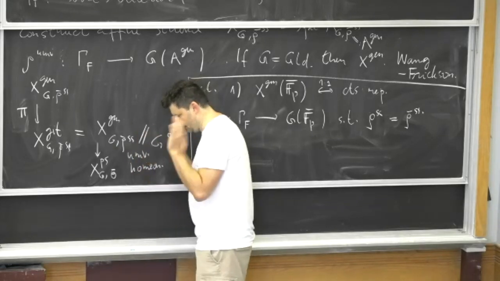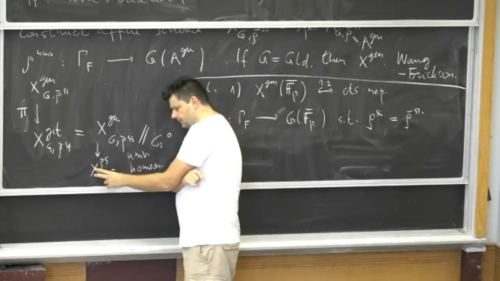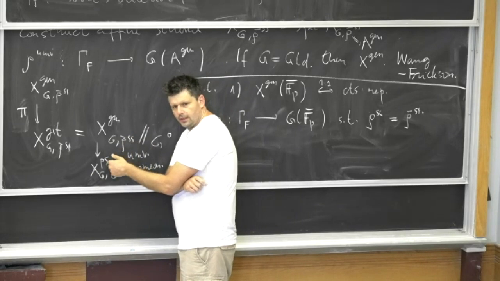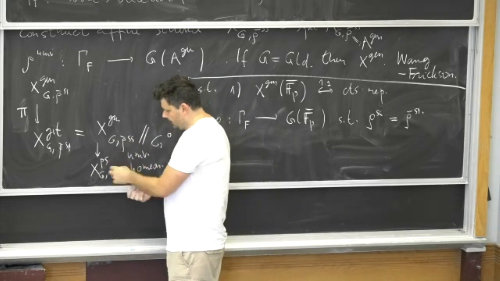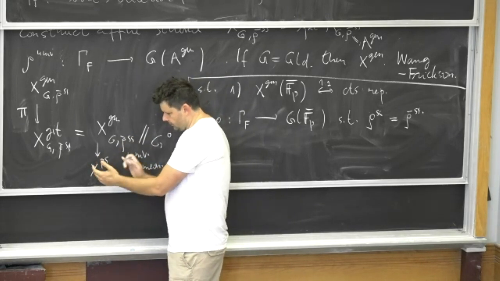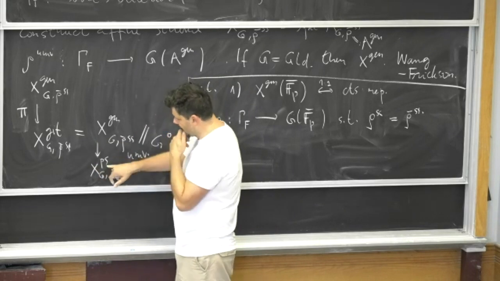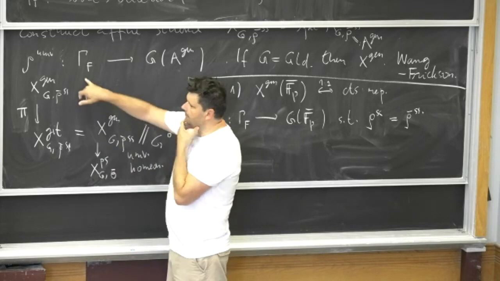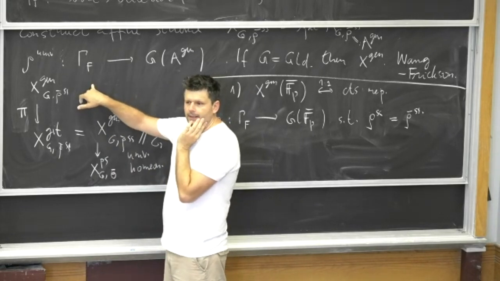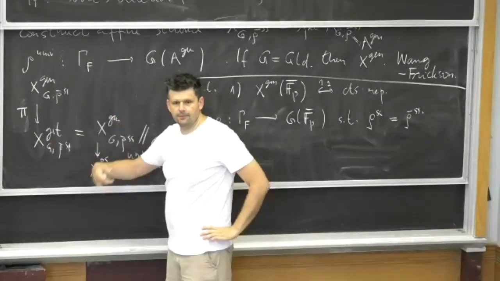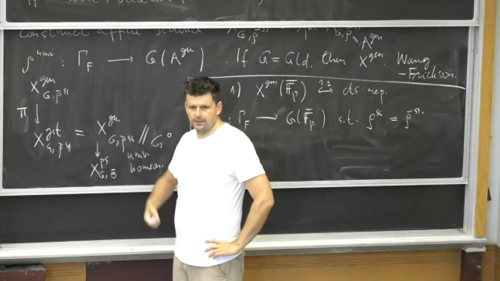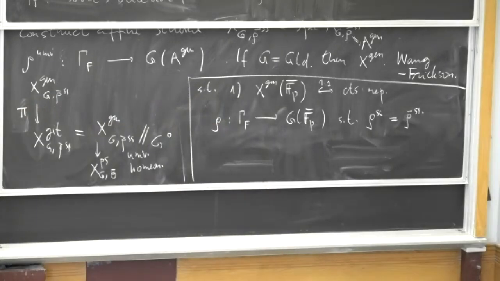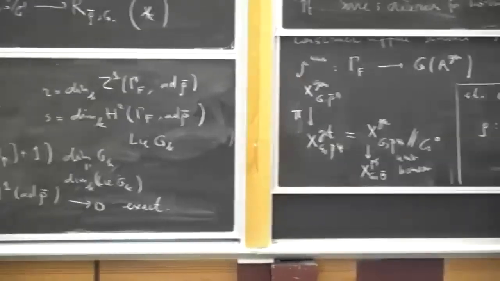But this thing you can stratify according to the Levis, or G Levis, and you study the fibers of this map. So we can bound the dimension of the fibers. This map is very far from being flat, so the dimension of fibers can jump, and there is some defect.